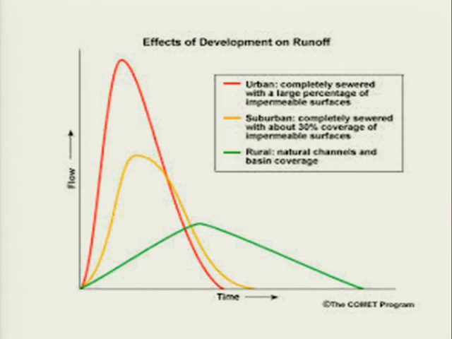The falling limb of the urban area, fast and steep. The rural area, more gradual. Look at the peak of the urban area. It's very high. The rural area, much lower. And then you will see the lag time. In other words, the time it took for the river to go into full flood, to reach its maximum, is much slower in the rural area than it is in the urban area.